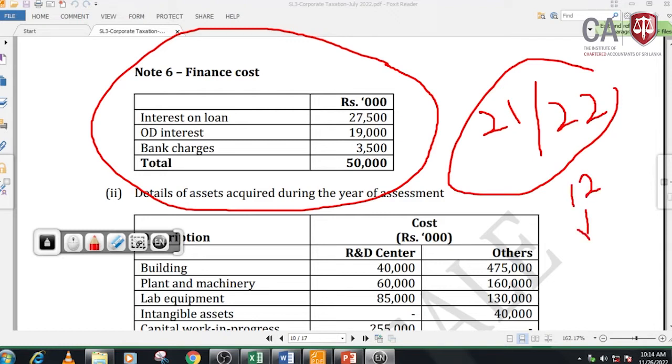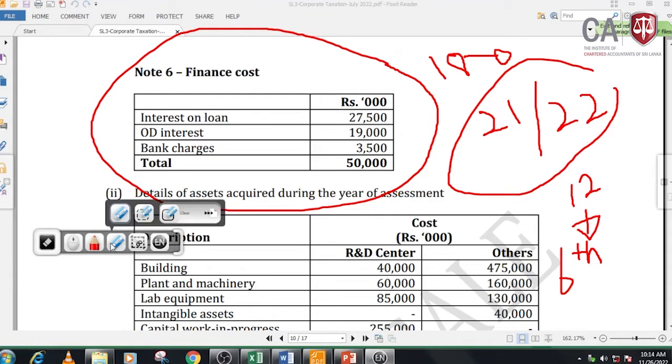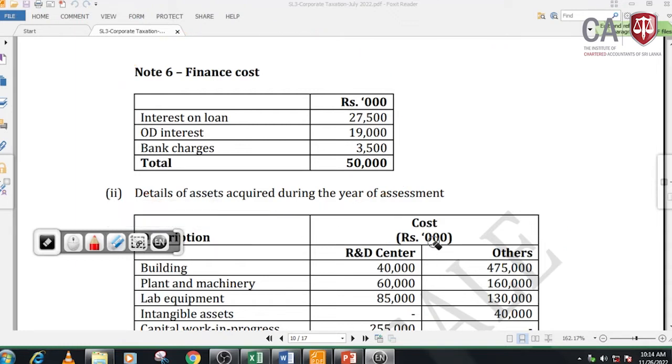In the 6th schedule, under the temporary concessions, it has very clearly mentioned for year of assessment 21-22, do not apply section 18, the restriction on the deductible amount of the finance cost. You are not going to apply it on this. Then first thing when it comes to the finance cost, what you need to look at is whether this has been incurred for the production of income or not, you need to take into consideration.